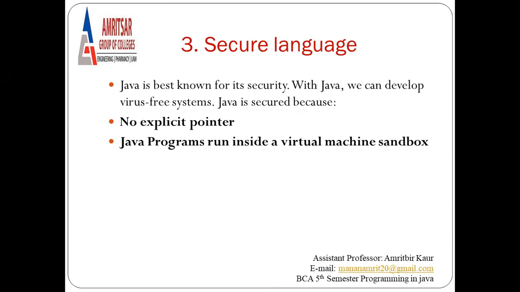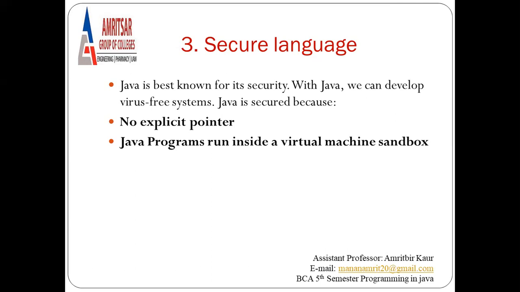Then secure language. Java is a secure language because there are two main reasons. First one, no explicit pointer is used because we cannot refer to our location with the help of a pointer. Next one is Java programs run inside the JVM, Java virtual machine. So our program runs in the Java virtual machine instead of the operating system.